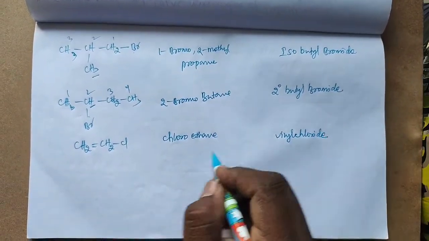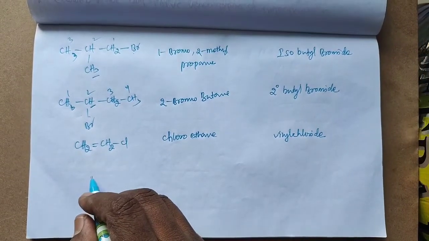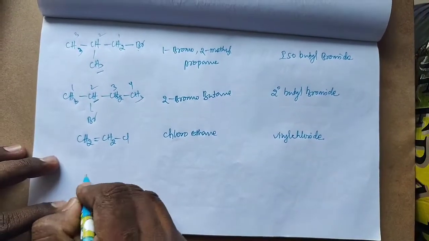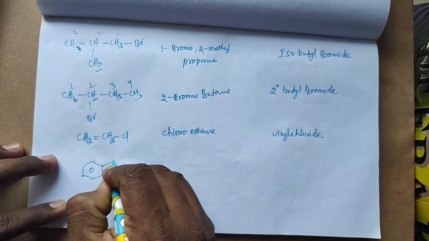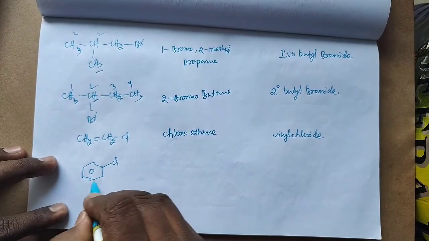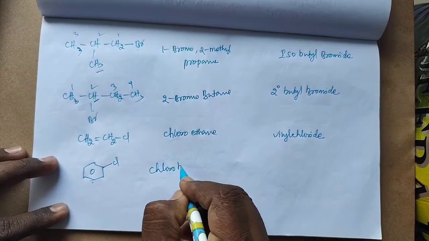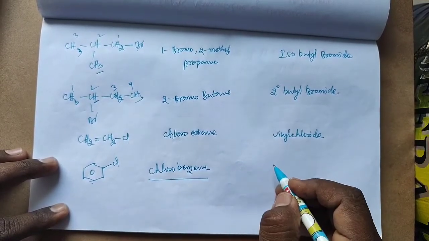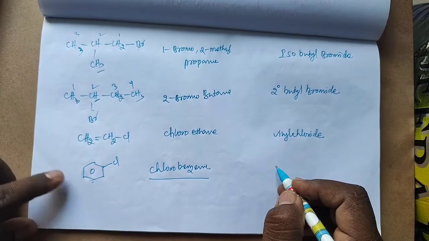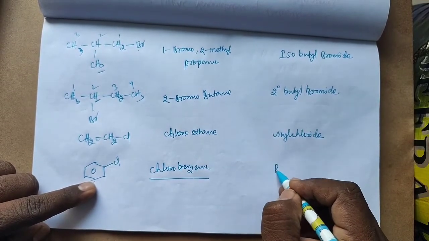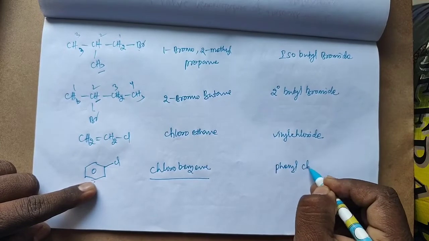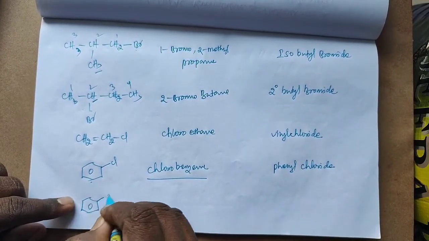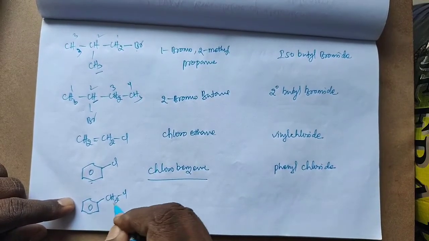And some aromatic compounds: benzene bonded with chlorine is chlorobenzene, and commonly we call it phenyl chloride.